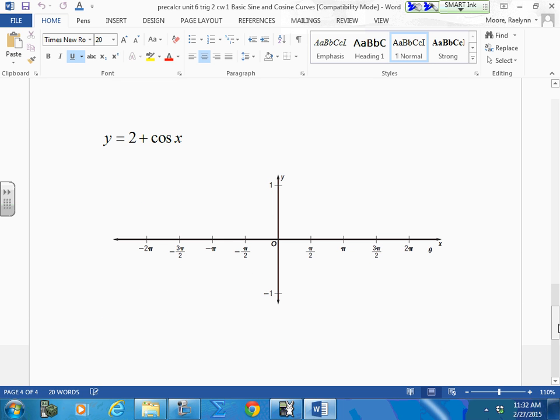Now, just like we did with your x squares, your graphing, your quadratics, or your cube roots, or your square roots, we said instead of doing it in the front, you might want to do it in the back. So just take this and put this over here. According to your transformations, this still gives you a vertical shift. You're going to take your curve, you're going to physically walk it up 2 spaces.